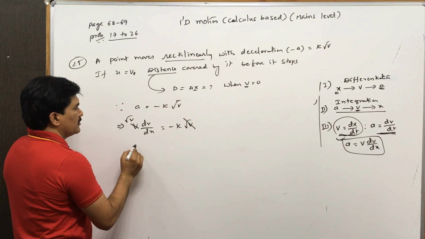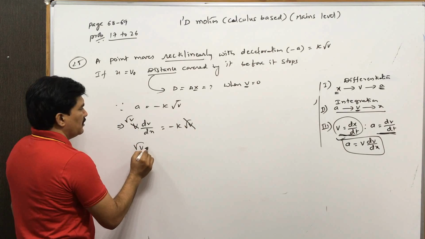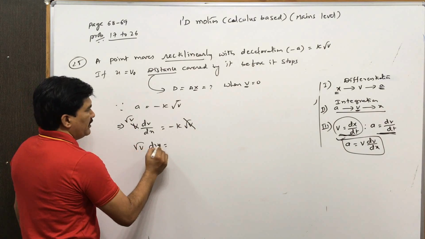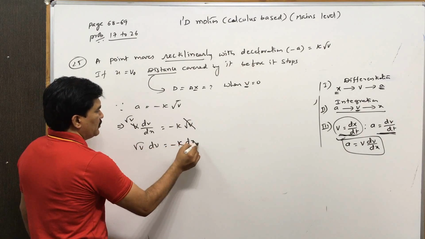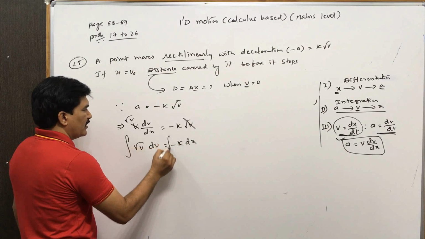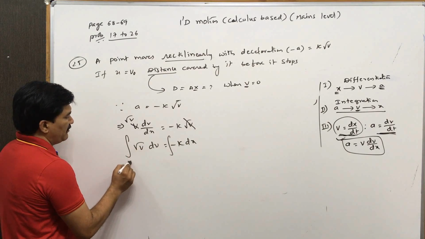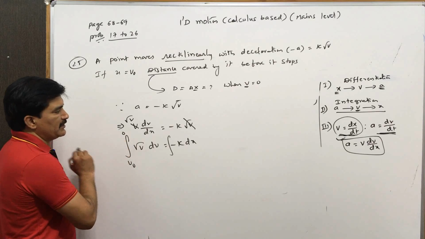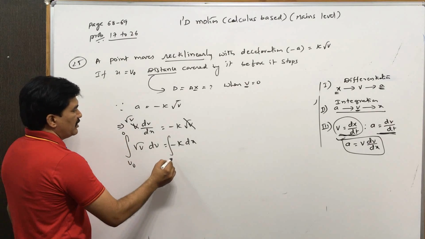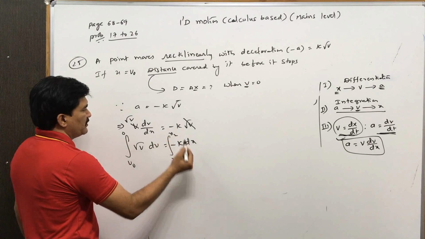So, separating the similar terms, root v into dv is equal to minus k into dx, integrating on both sides. Okay. This is leading to initial velocity v naught, finally it stopped means 0. Here initial position say x1, final position x2.